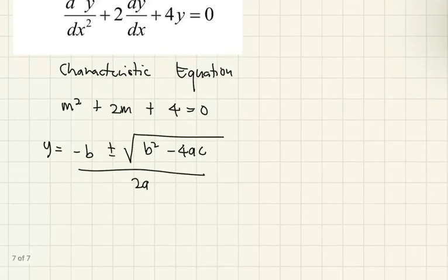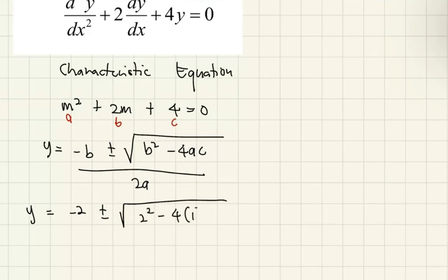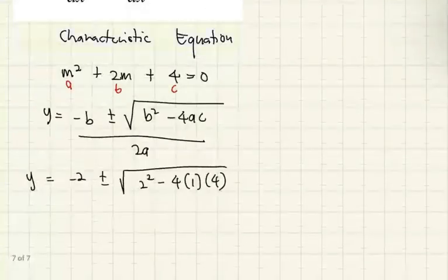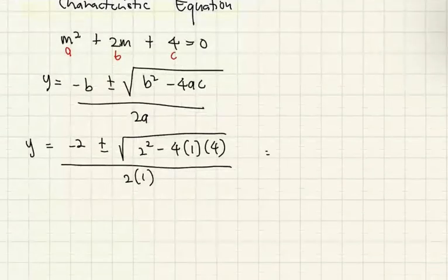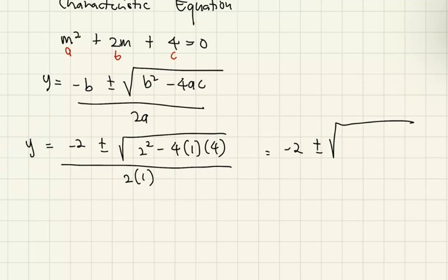So substitute into the equation. So this one is a, this one is b, this one is c. So we have m equal to minus 2 plus minus square root of 2 squared minus 4 times 1 times 4, divided by 2 times 1. So minus 2 plus minus square root of 4 minus 16, which is minus 12.